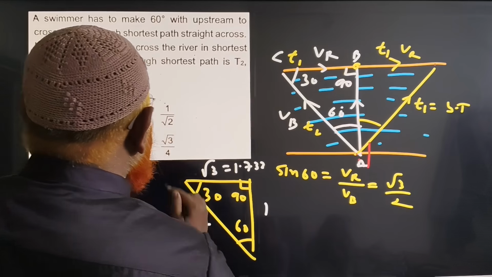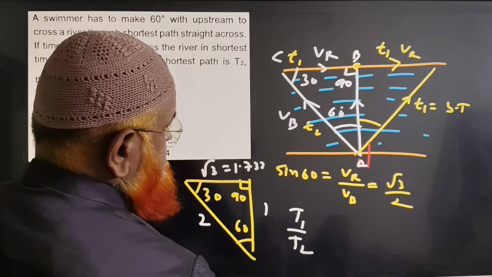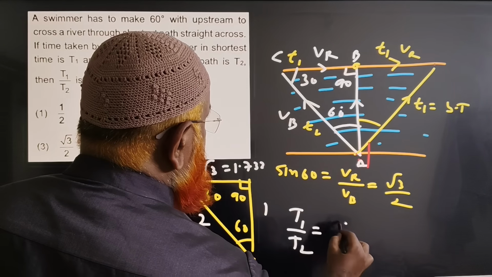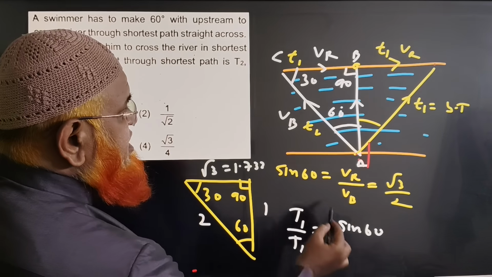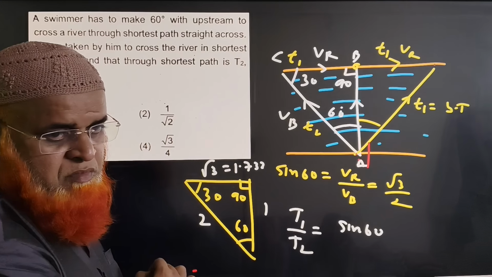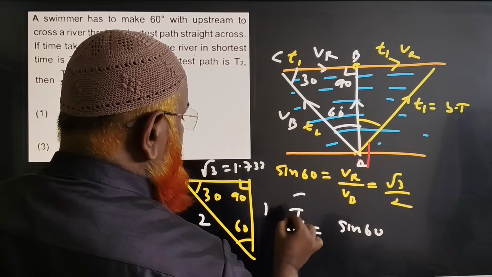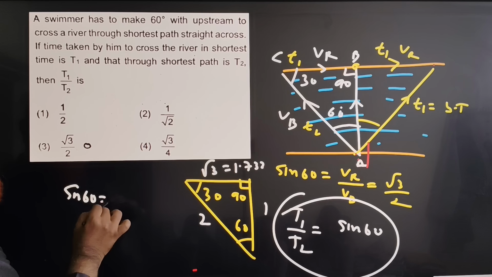That means you want to find out t1 by t2. You will get T1 by T2 just by applying sin 60. T1 by T2 is sin 60, where this is T1 and this is T2. So this is a shortcut method to solve the problem. Therefore sin 60 is equal to T1 by T2.